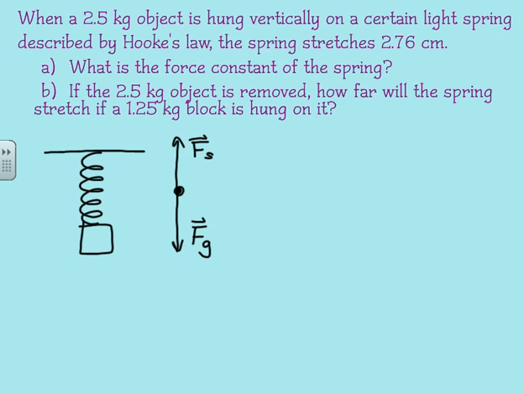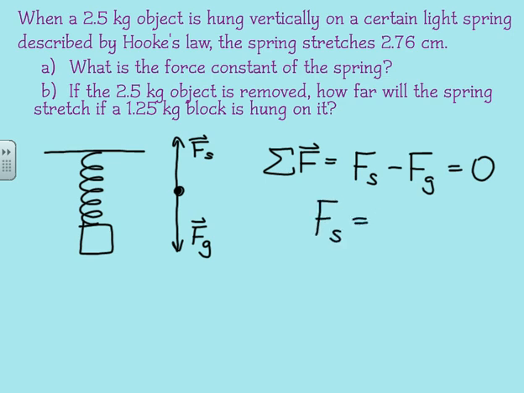This object is just chilling there. It's at equilibrium. So the net force acting on this mass is equal to 0. Well, the net force is spring force minus gravitational force equals 0. So that means the magnitude of the spring force must be equal to the magnitude of the gravitational force.